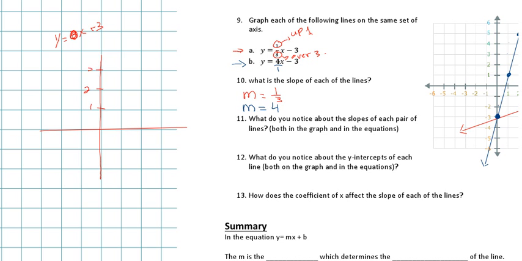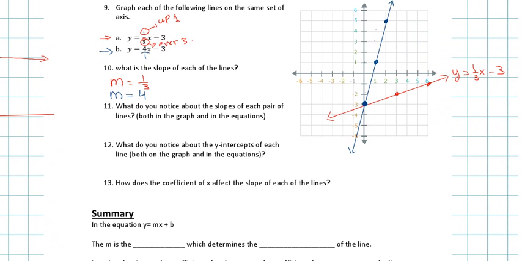So a slope of 0 is a horizontal line. So the slopes are different. B has a greater slope, a steeper line.